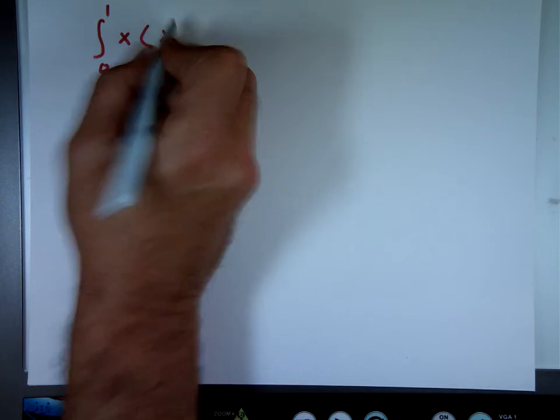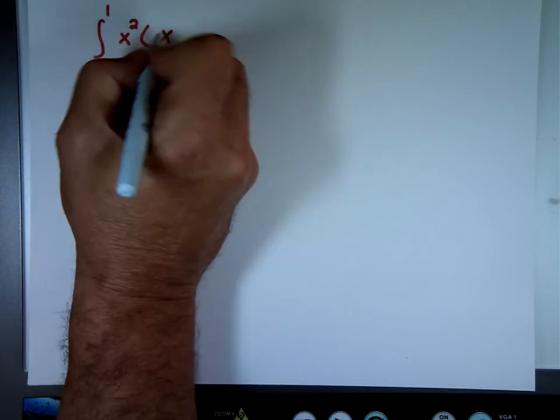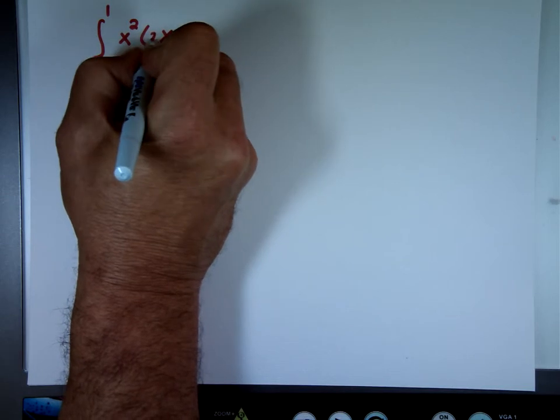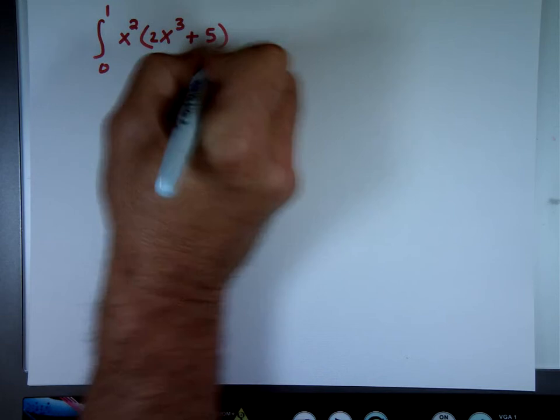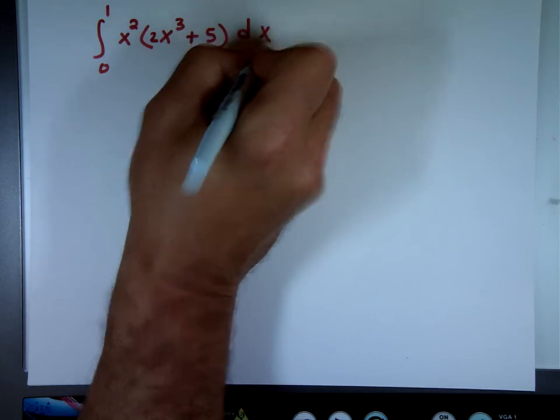Let's make this x squared, and this is 2x to the third plus 5. I changed my mind. To the power of 7.